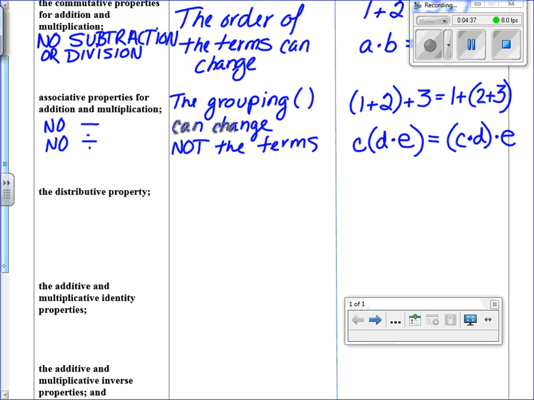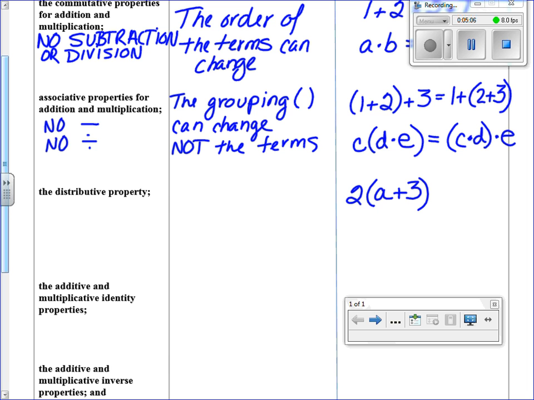Distributive property. What I'm going to do is I'm going to show you an example of the distributive property, and then we'll talk about a definition for a distributive property. So if I have, I don't want to use the number 1, let's say 2 times the quantity A plus 3.